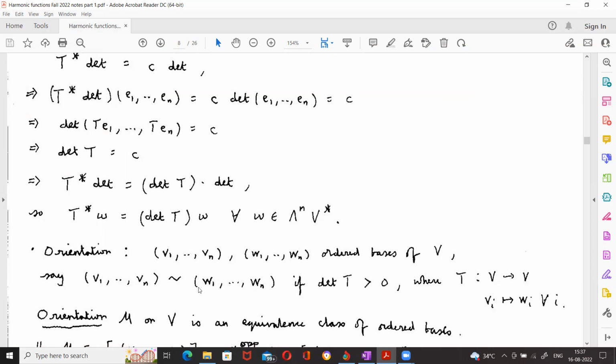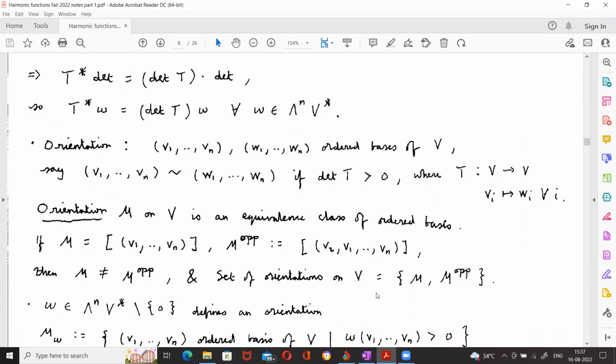So I'll say that these two ordered bases are equivalent if the determinant of T is positive. Okay. So this is clearly an equivalence relation on ordered bases. And an orientation mu on V is an equivalence class of ordered bases. Okay.